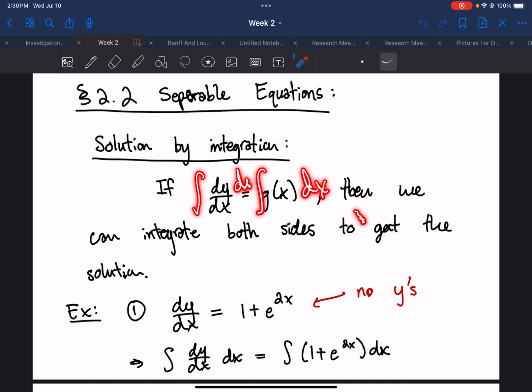When you integrate both sides dx, this side will become y, and it will equal whatever function of x is over here. So if you ever get the derivative of y with respect to x equal to just a function of x, the easiest thing to do is just to integrate both sides dx.